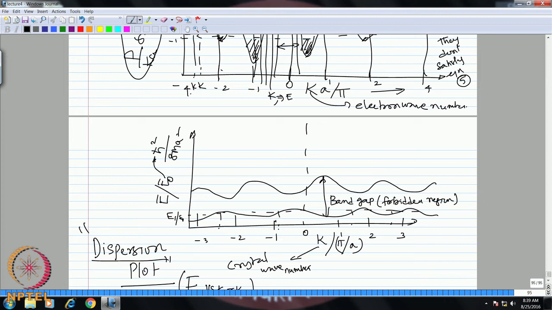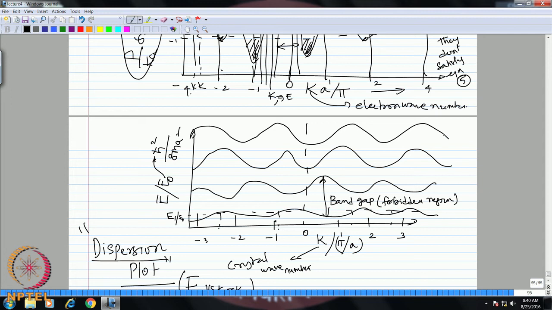So, you miss all the values in the forbidden region, you do not plot them, and this creates the band gap. And similarly, you can continue this. So, this is all periodic. So on and so forth.